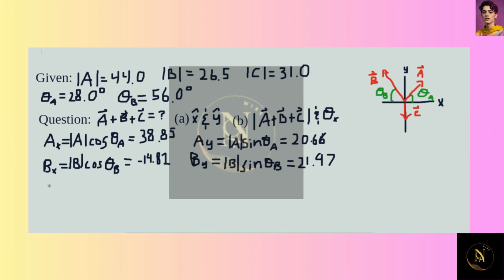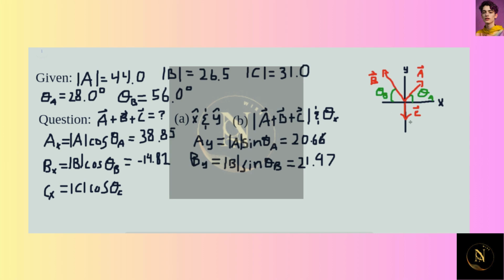Okay, and lastly, we need to do this for C sub x and C sub y. So we want to find C in the x direction, which is the magnitude of C times the cosine of theta C. Well, you really don't even need to do this calculation.